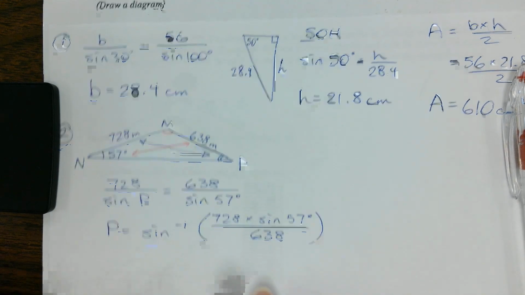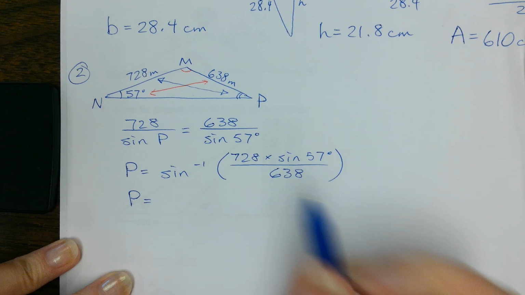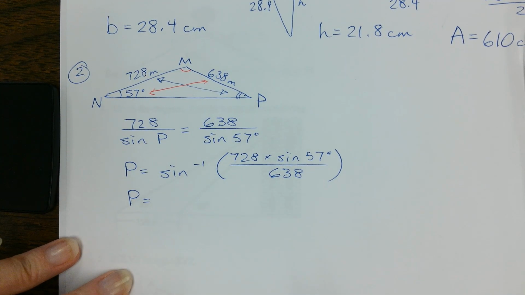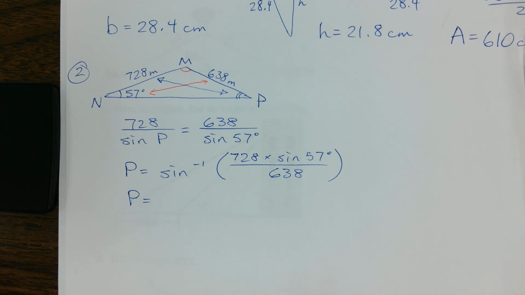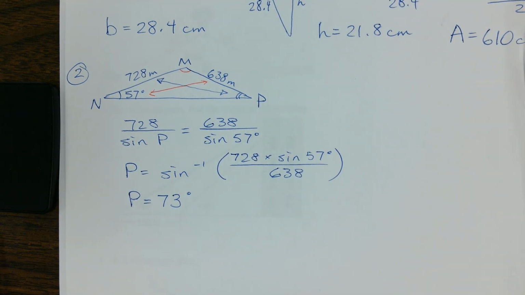I'm combining a few steps here. So cross multiply and then divide and then do the inverse. Sure. I thought I made a mistake. 728 times sine 57 degrees divided by 638. Do the sine inverse. I get 73 degrees.